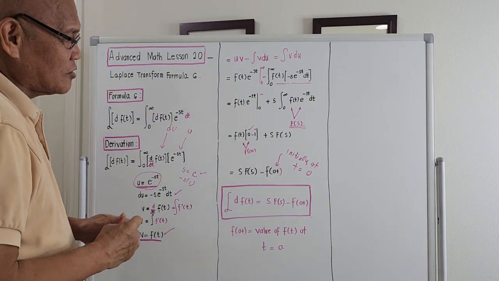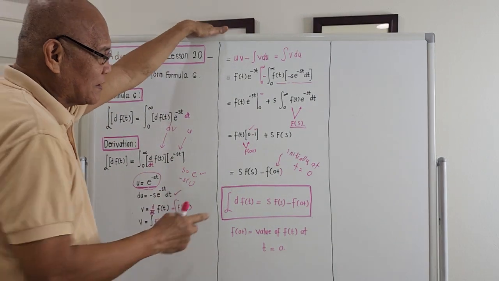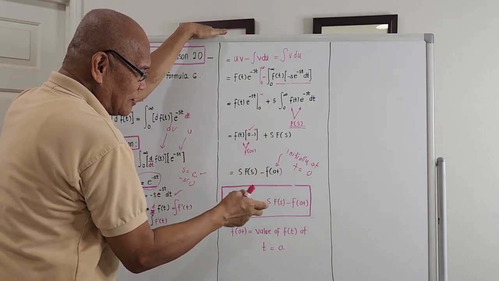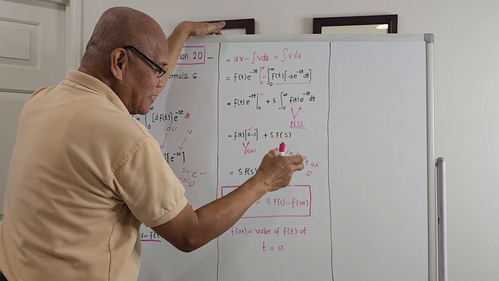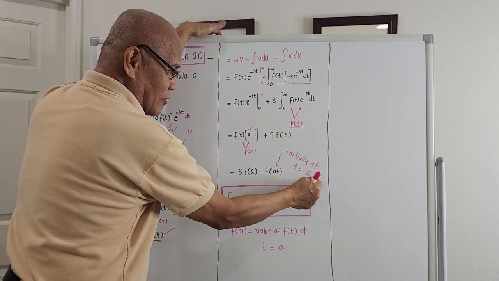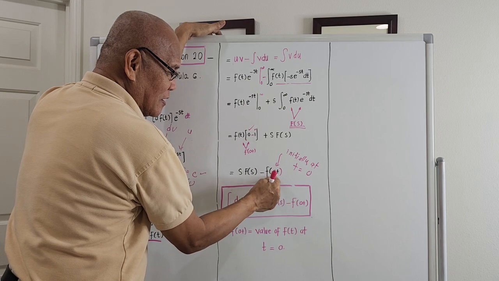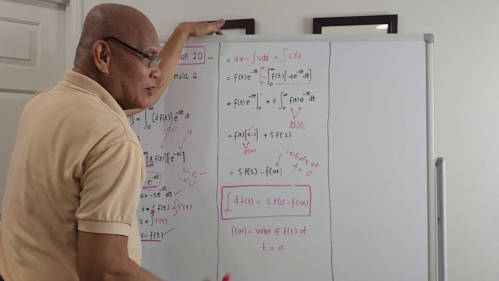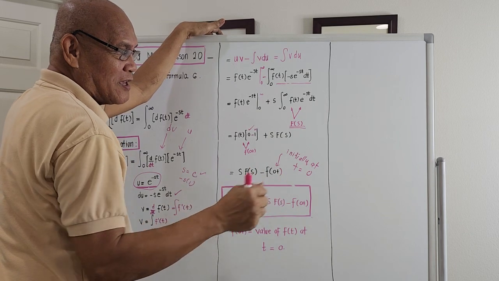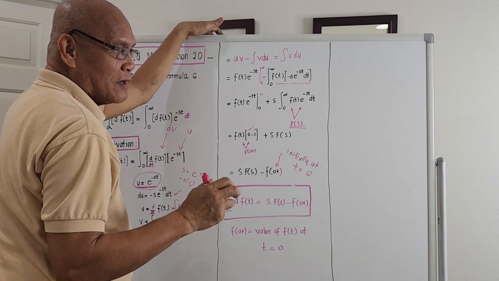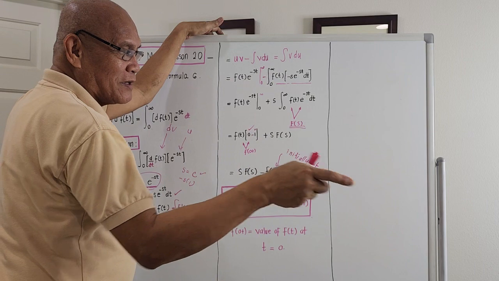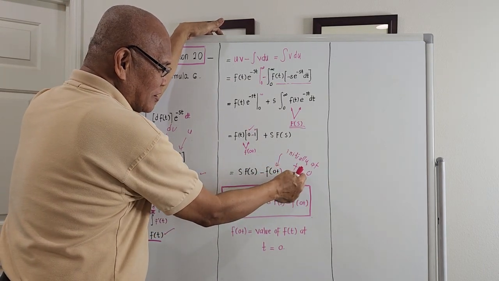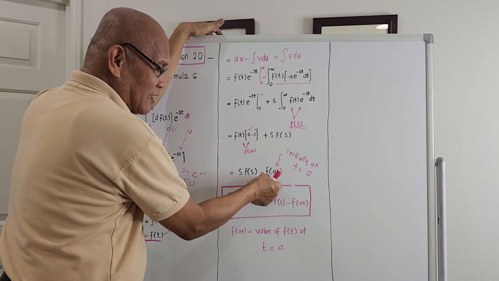So in Laplace transform, if you see the quantity f(0+), the meaning of that is the value of the function at time t equal to 0. We subtract the initial value at time t equal to 0. It's just like in the so-called RL circuit: at time t equal to 0, what will be the current? That's the meaning of this.